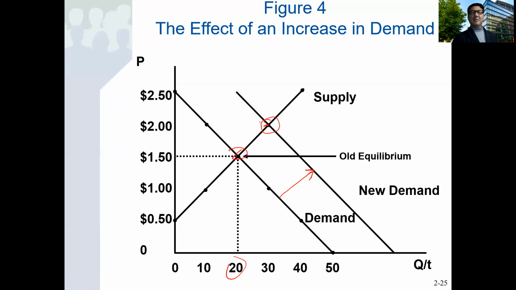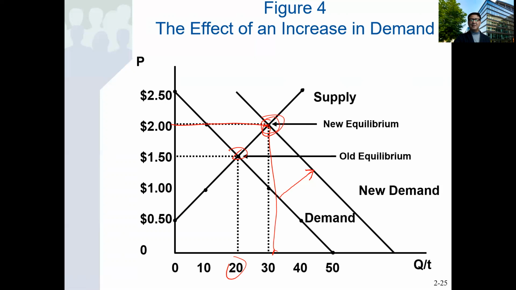And the supplier is happy to supply about 30,000 units of orange juice at $2 each. So that's where the new equilibrium will be reached if the demand increases. There's a new equilibrium. So that's what's going to happen.